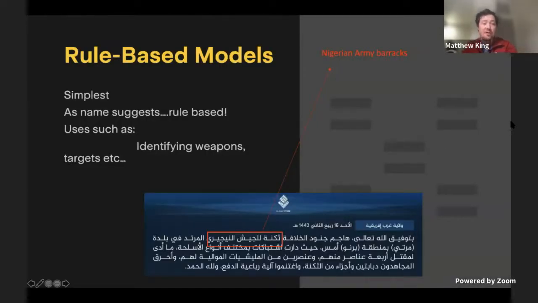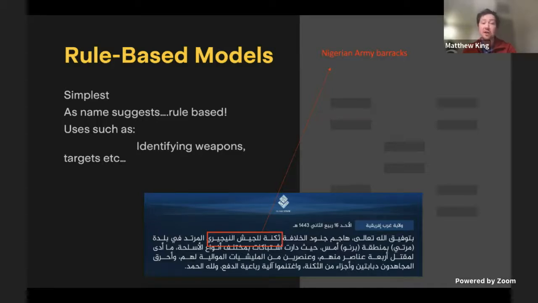The rule-based models are the simplest, really, of what we're doing. And as the name suggests, they're based on rules. If you imagine if-then functions, it is a set of rules defined by a human that the artificial intelligence then applies to a data set in order to find something. Maybe it is identifying weapons within, like here you can see a dash statement where they have announced the results as they see it of an attack.